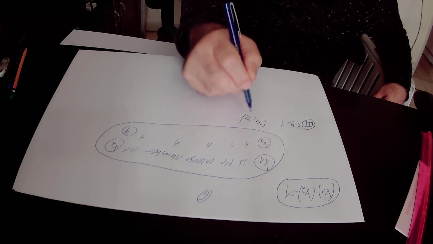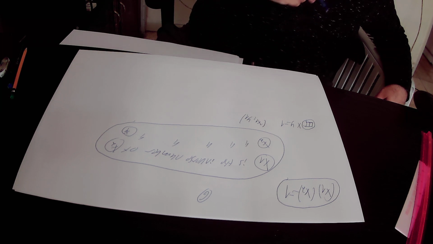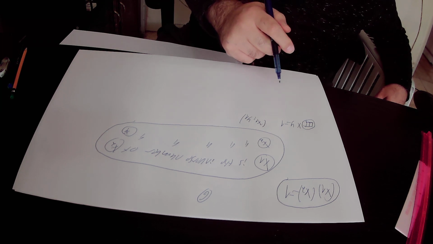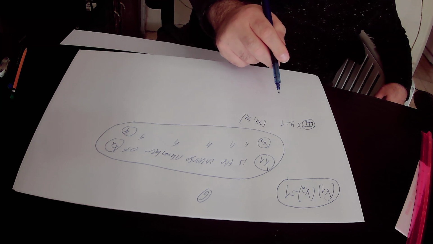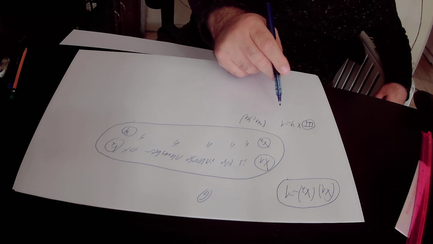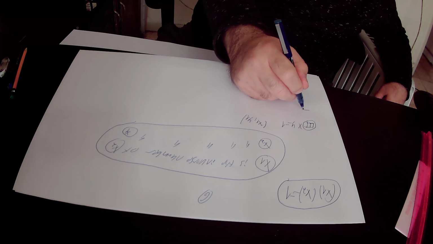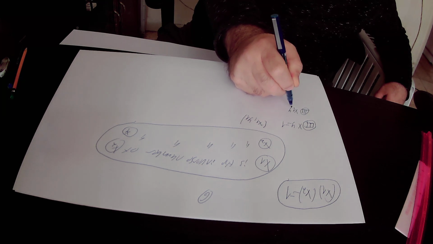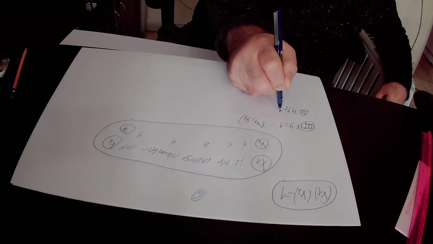So we put this solution inside equation number 3, that is to say x will be equal to x1 and y will be equal to y1, and we get that x1 times y1 equals 1.